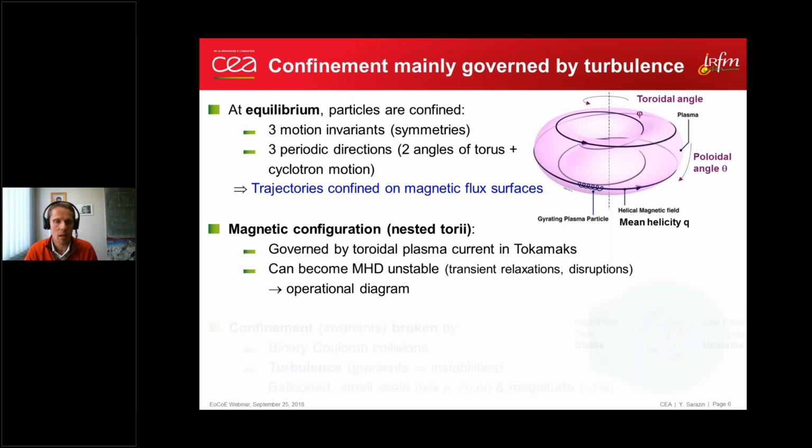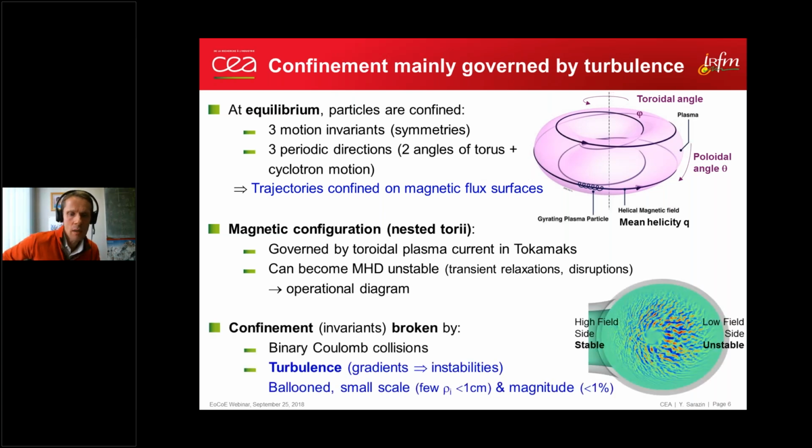So turbulence, as I said, leads to a break of these invariants. Binary collisions also provide a way to transport heat and particles across the magnetic surface, because they break especially the adiabatic invariant.